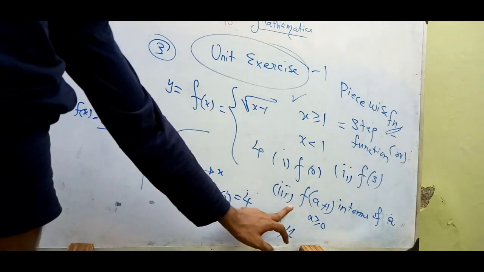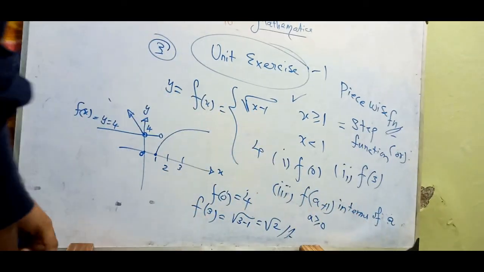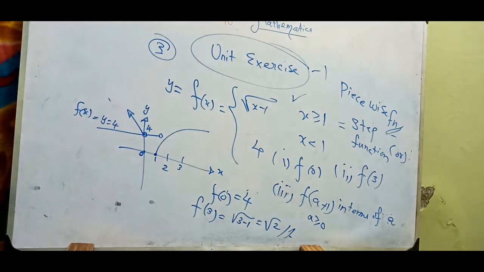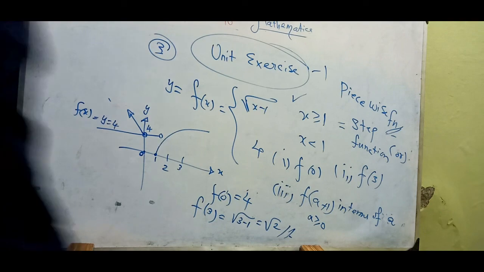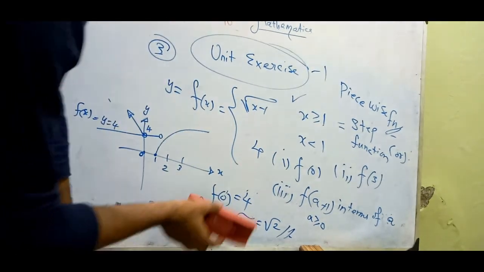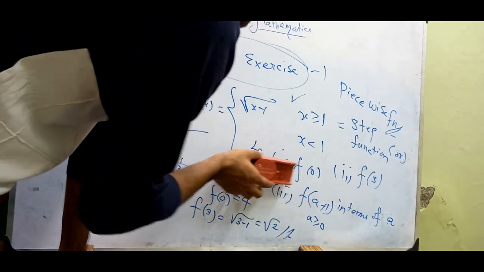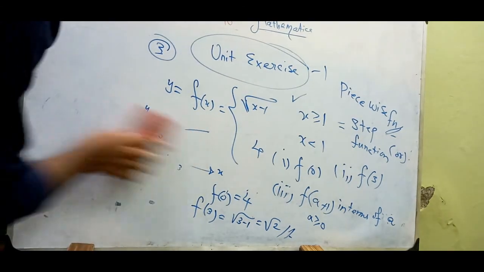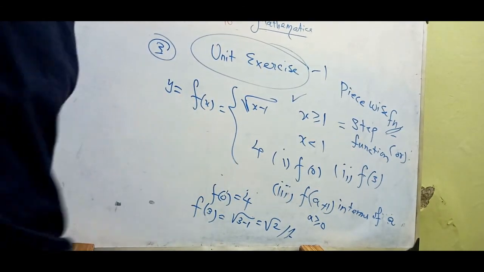Then what about the third one, f of a plus 1 in terms of a, where a is non-negative? What will that be? We don't need this graph.